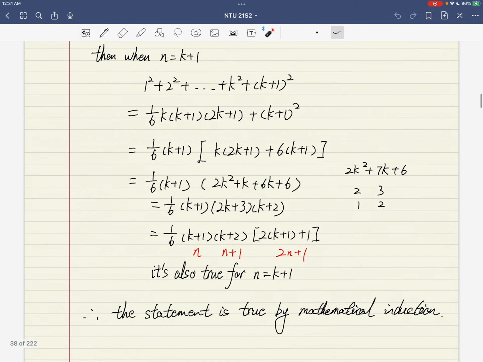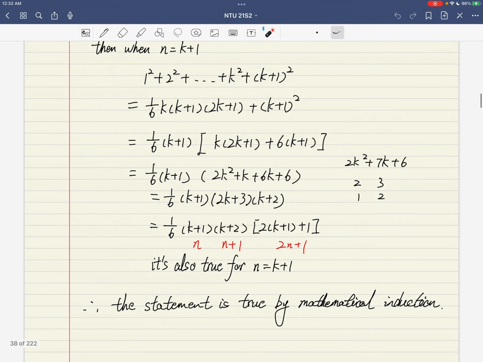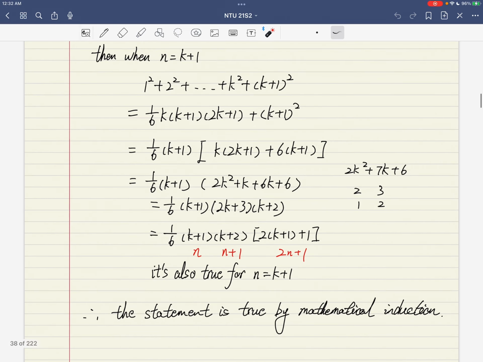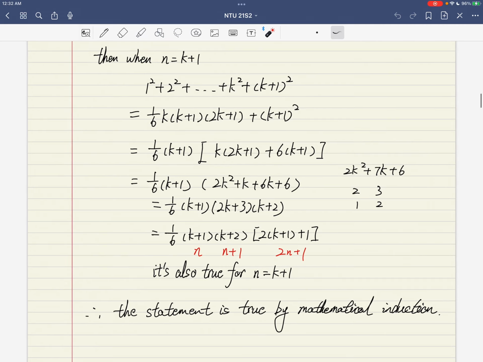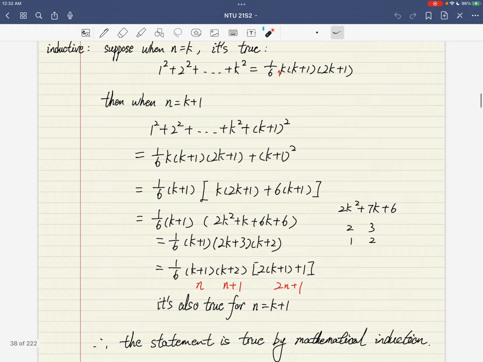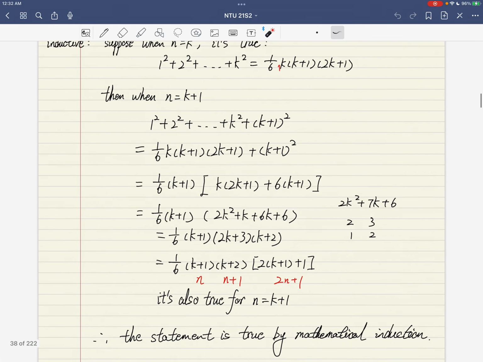Now, when n is k plus 1, you see k plus 1 is n, k plus 2 is n plus 1, and 2k plus 3 is 2n plus 1. So when n is k plus 1, the sum is still equal to 1 over 6 n times n plus 1 times 2n plus 1. So the equation is still true when n is k plus 1. You have proved the inductive step.